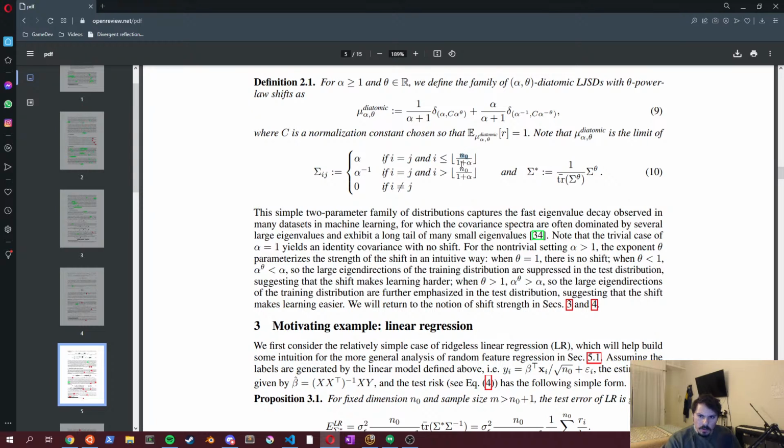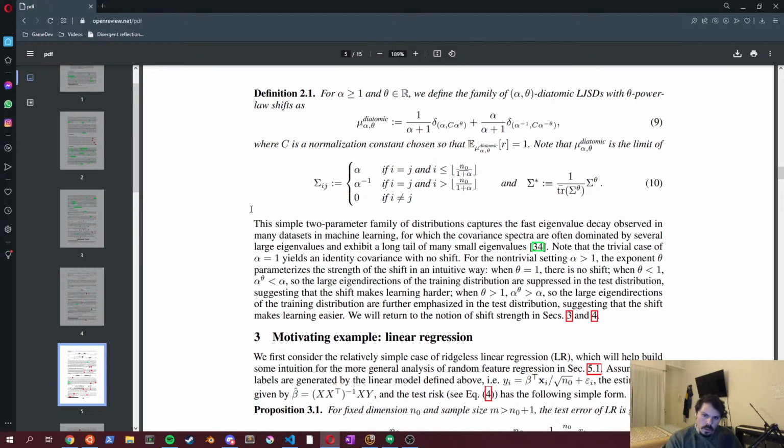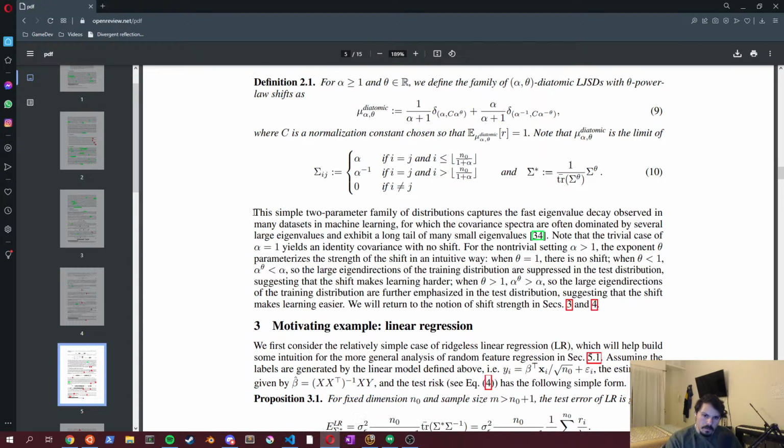Alpha inverse. Okay, alpha is just some number. Yeah, I don't really understand this at all. But let's see if we can get through it without it.